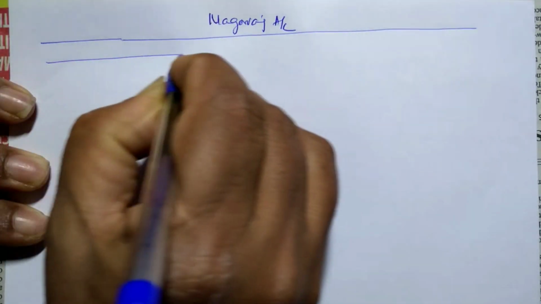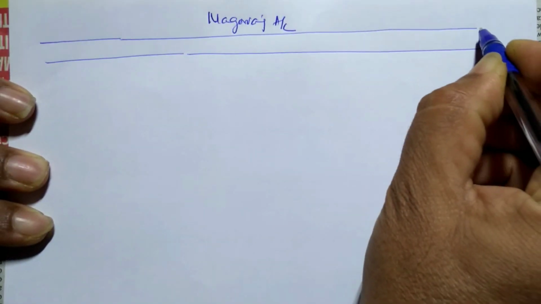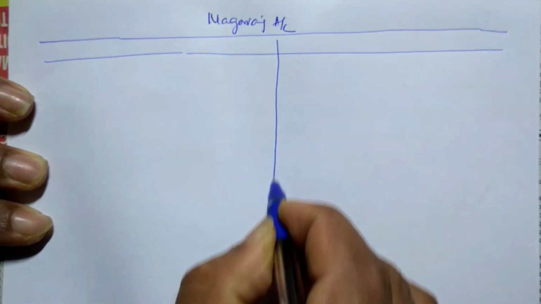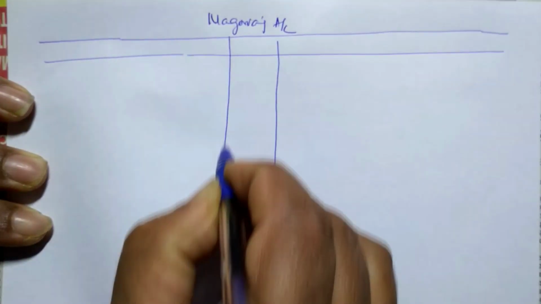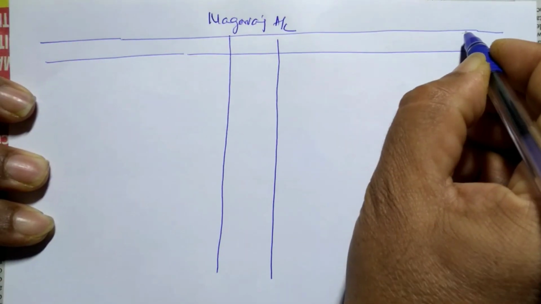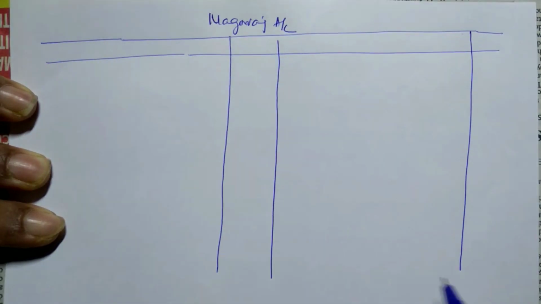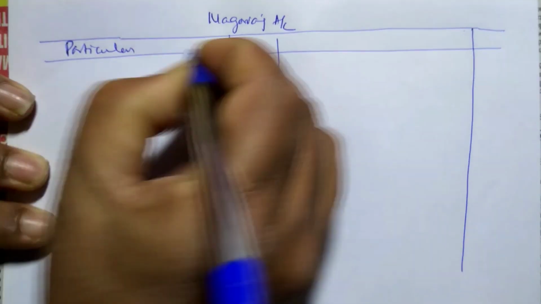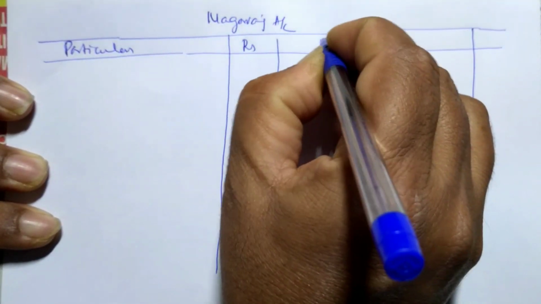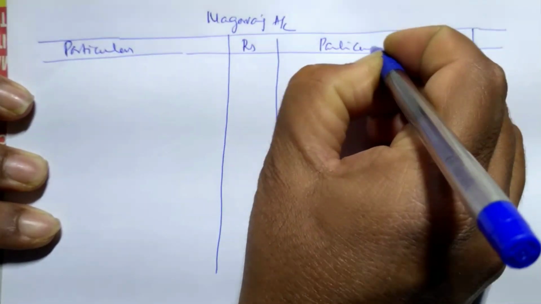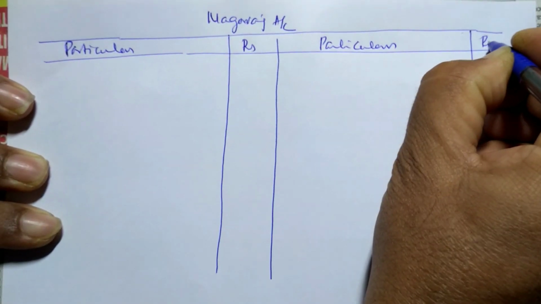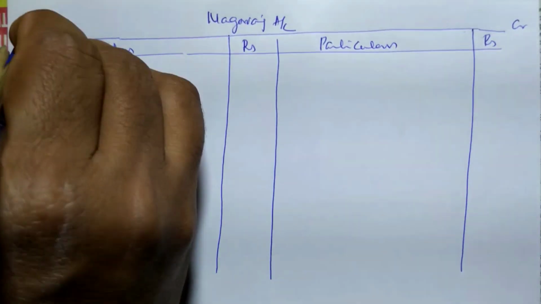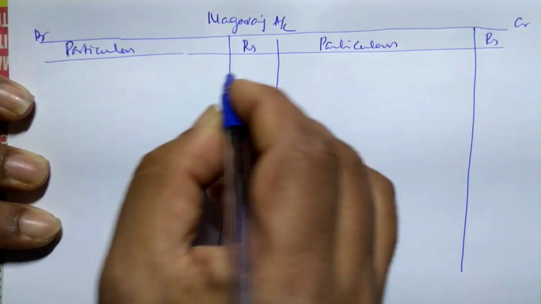Nagaraj is the consignee in this problem. This account is prepared with the help of the consignment account. I'll take columns: one is particulars, another is rupees. This is credit and this is debit.